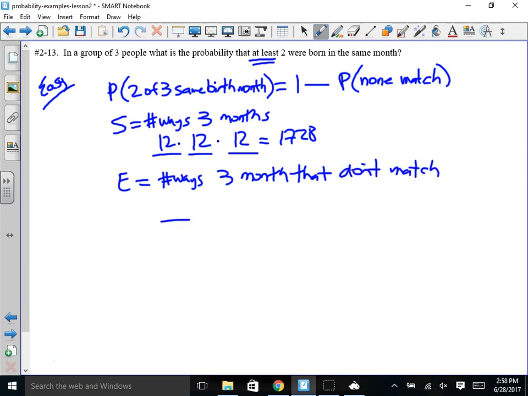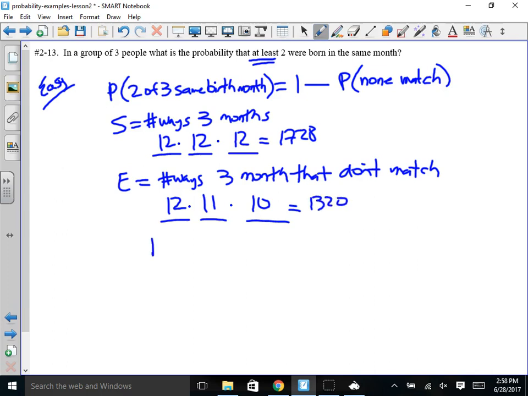Okay, so same thing, we have to have 3. All 12 months, the first person could be born in any month, but if we want something not to match, the second person would have to be born in one of the 11 remaining months, and then 10 for the third person, so that none of the 3 match. That turns out to be 1,320.